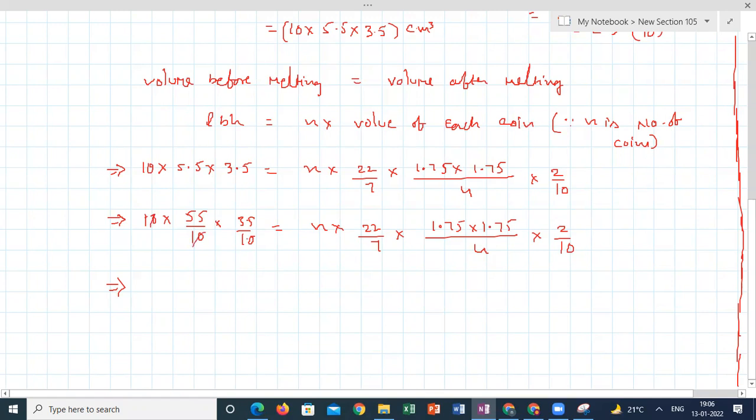110 will be cancelled here. When I'm looking into 11, 5 times, 11 2 times. Now my n will become like this: 5 into 35 into 7 into 2, this is 2, 4 cancel, divided by 1.75 into 1.75.